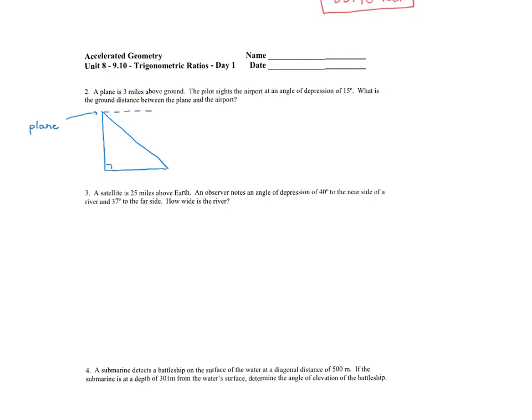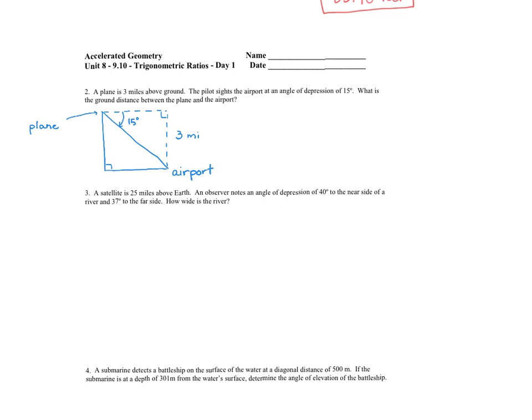So I'm going to draw in the other triangle that matches it on top. The airport that he's looking at is down here on the ground. The angle of depression is 15 degrees. And if I go back for a second, it said that the plane was 3 miles above the ground.